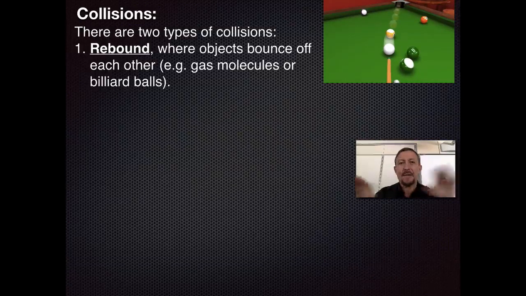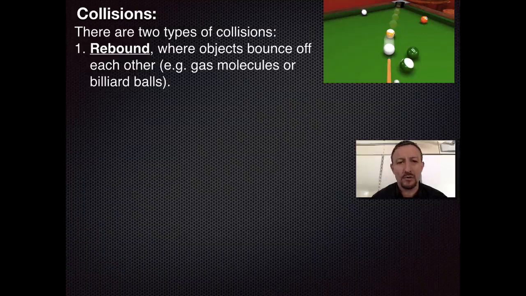When they crash, they bounce off. And the police will look into this using the concept of conservation of momentum, and from that they can work out which way the object was traveling, how fast it was traveling, the mass, etc. So when somebody says, "Yes, I was going the speed limit," they can work out by the damage and where things end up whether they were telling the truth or not.